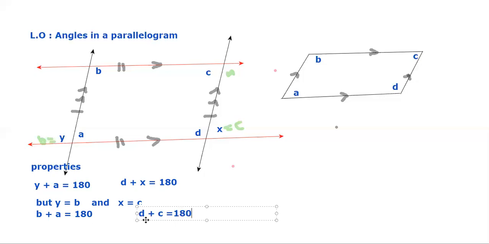So that is the first property. The first property is what? That two adjacent angles add up to 180.